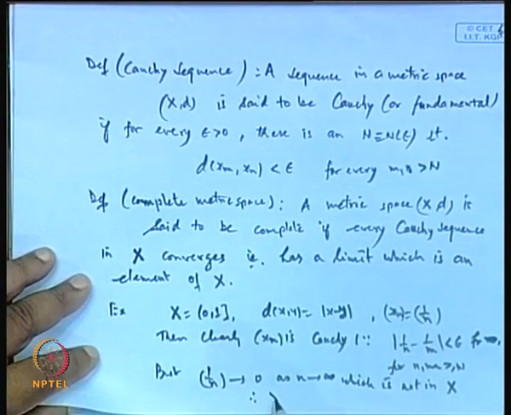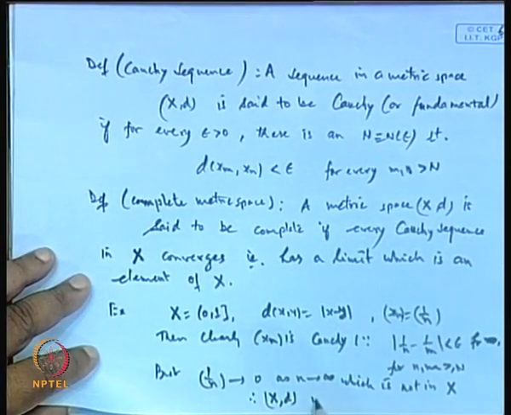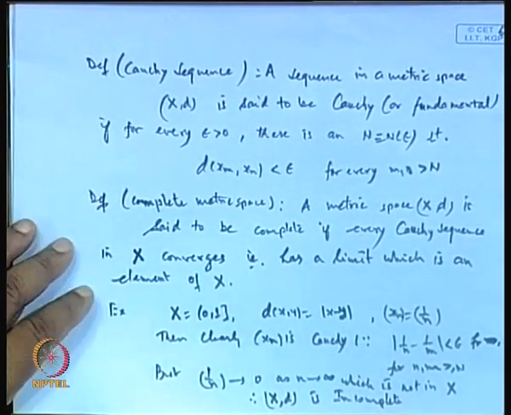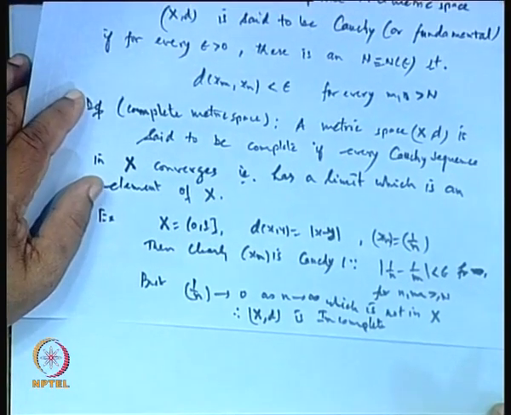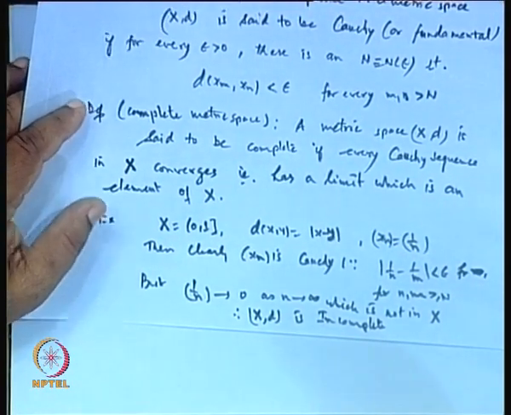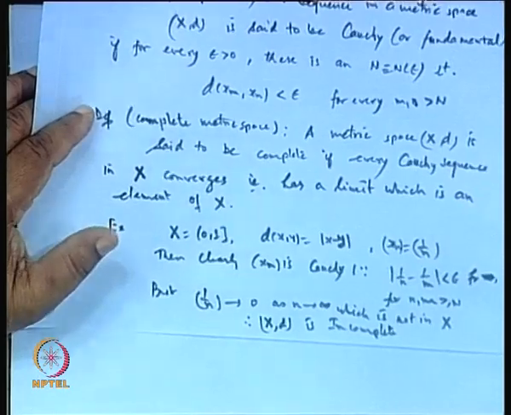So, this space X under d is an incomplete metric space. In fact, in a space where not all Cauchy sequences are convergent, the space will be incomplete. That is, if there exists even a single Cauchy sequence which is not convergent, then it will be an incomplete metric space.